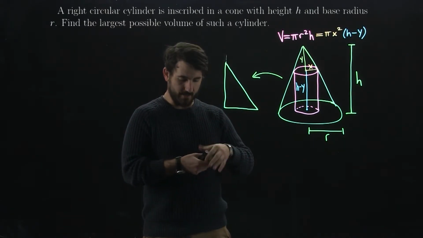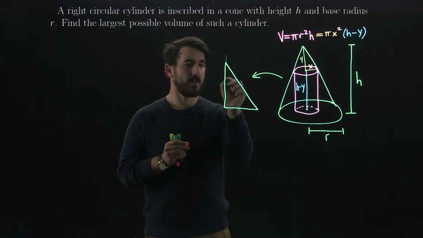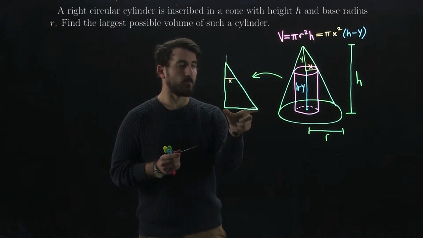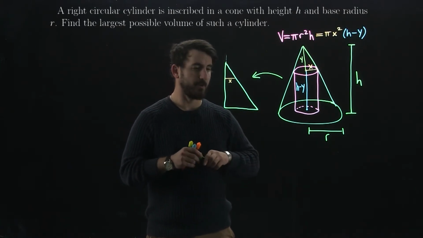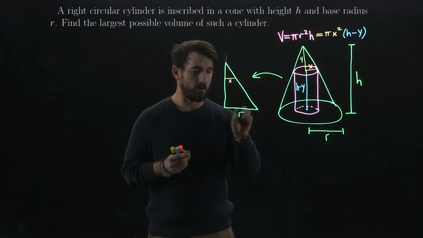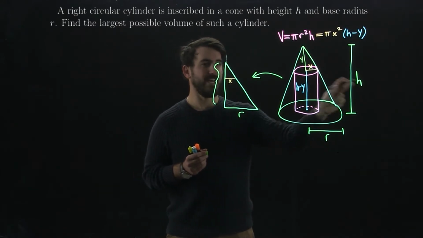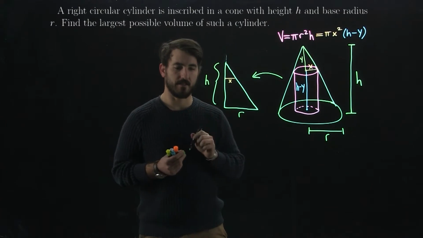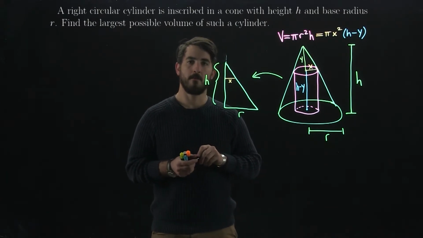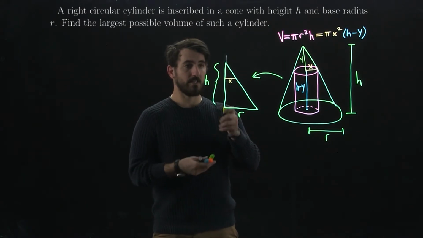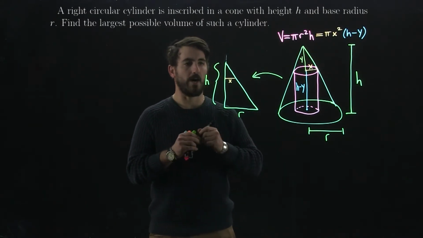So I'm going to call this a length of x. We have this as the radius of the cylinder, which we already know that to be r. We know the height of this is h from the height of the cylinder. And so then that leads me to this length, which we called y.